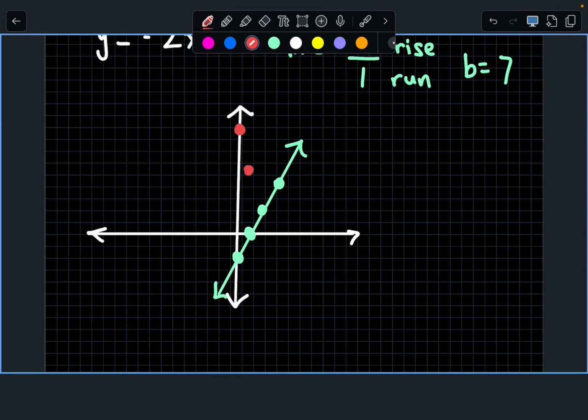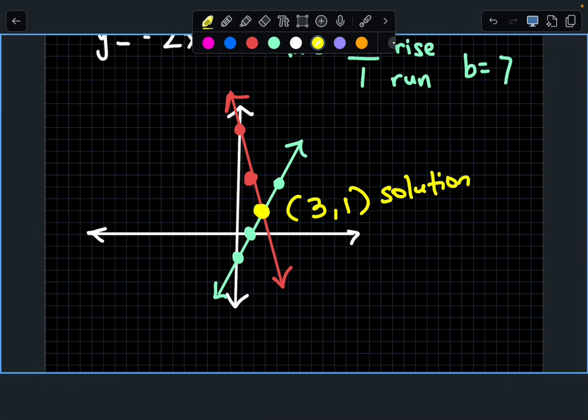Actually it happens to be this point. It actually happened across here, and our solution will be 3 and 1. So this is our solution. This is the point of intersection essentially.